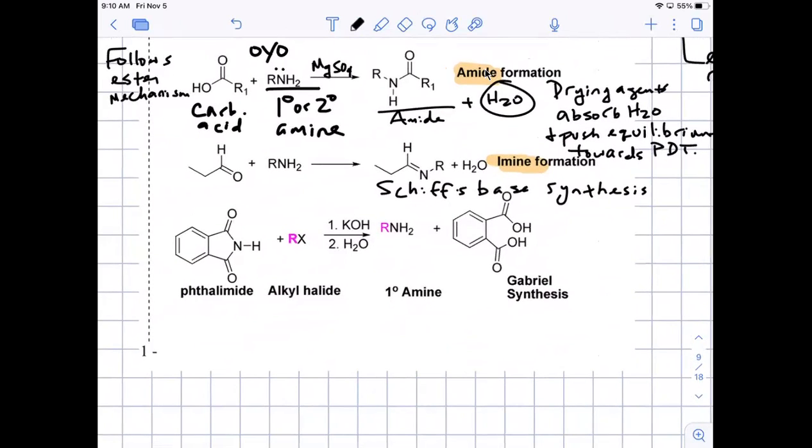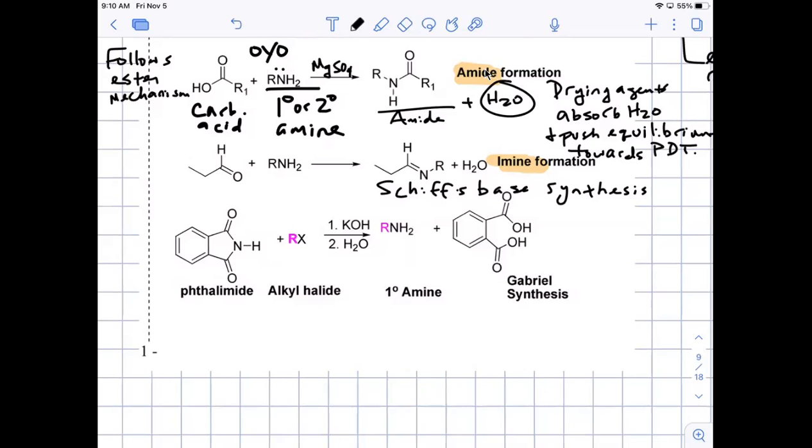Anybody remember? No, we haven't. Y'all haven't done that in 323? That used to be one of the labs that we did, when we made chalcones and then took the chalcone and derivatized it, turning it into a Schiff's base. I'm not sure what he's doing at this point, but that's all right.